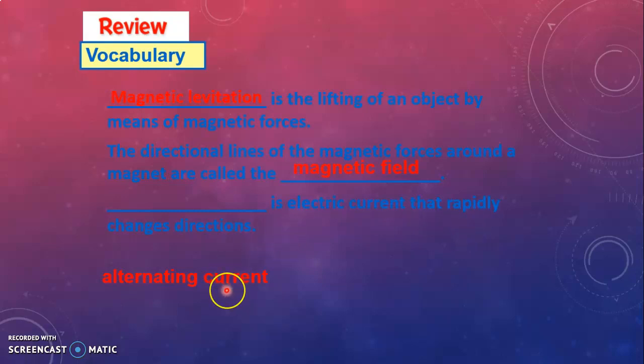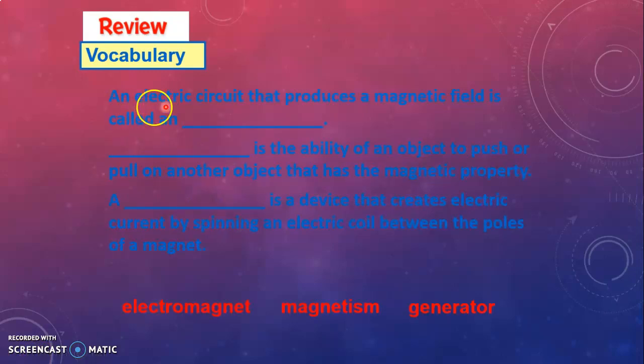Yes, you know, it is alternating current. Now, let's continue. Number 4. An electric circuit that produces a magnetic field is called... and you know, that is a clue. That means that the next word is going to start with a vowel sound.